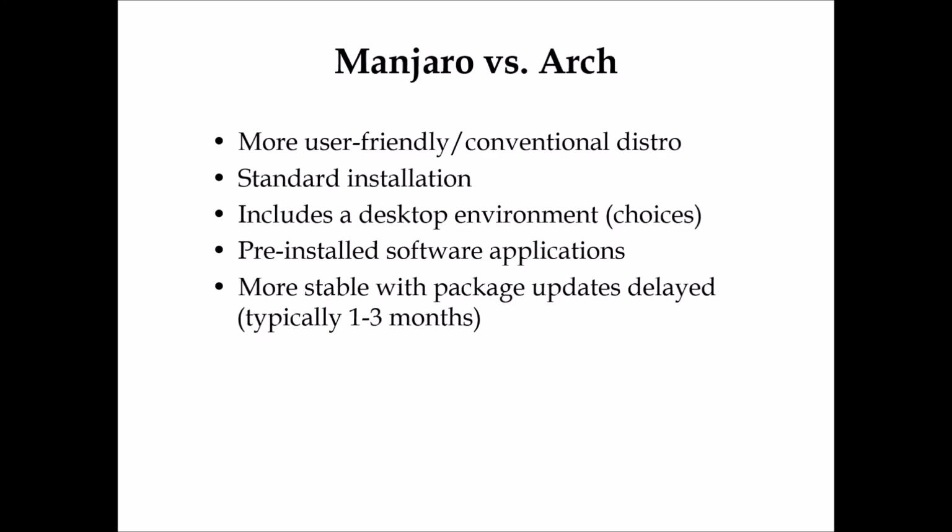And it's a more stable version of Arch because even though it's still using a rolling release model, the package updates get delayed, and they can be delayed by, in fact, up to 3 months. So I think that's part of this problem of sometimes updates will break the system. So maybe this is giving some time for the bugs to be worked out before you get lumbered with updates to your programs and operating system.